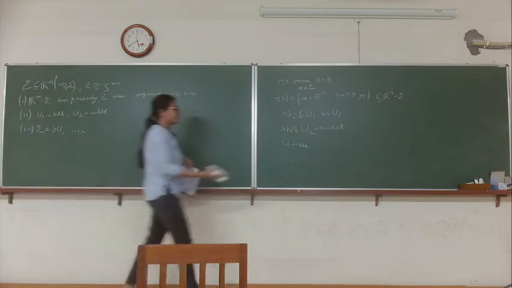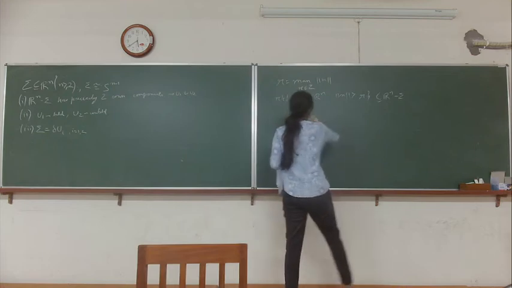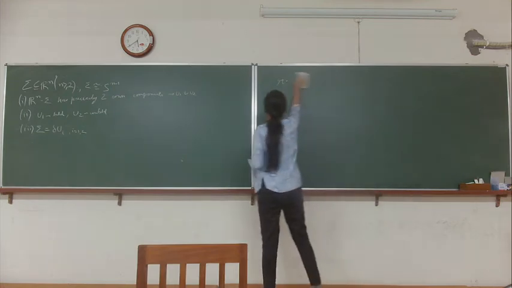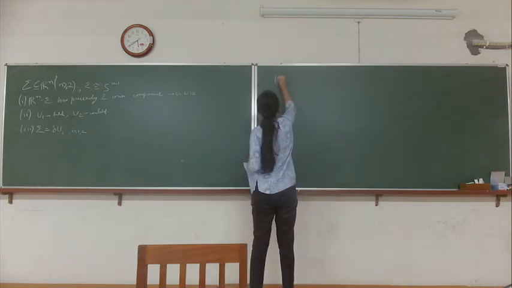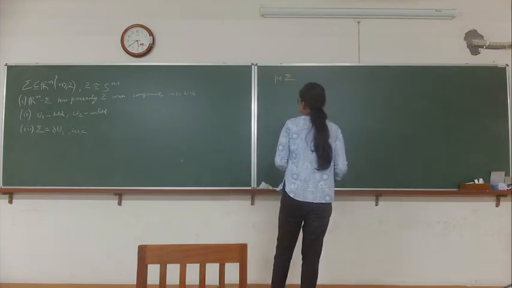And for the third part, we have a pictorial proof, which we do as follows. We take a point P from sigma and we want to show that P is a boundary point of both U1 and U2.